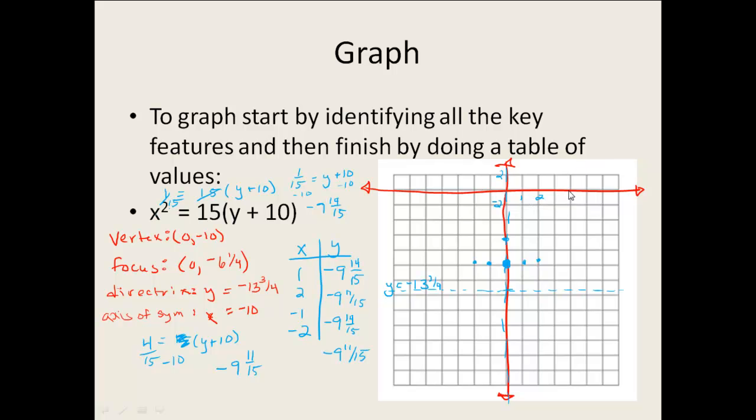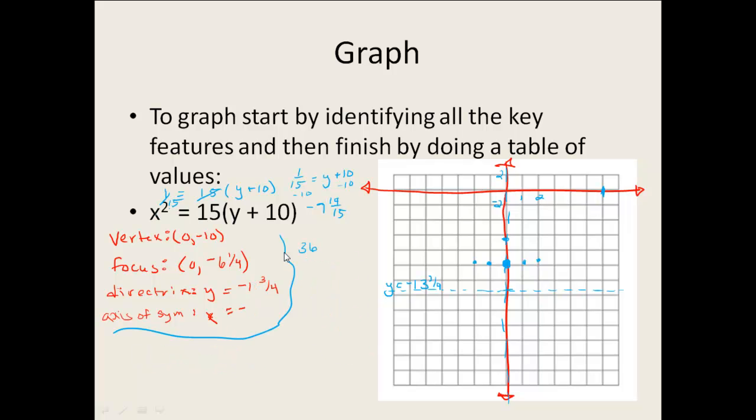Maybe you want to come over here and do 6. So when we put that 6 squared in there, we get 36 is equal to 15 times y plus 10, and take that 36 divided by 15.